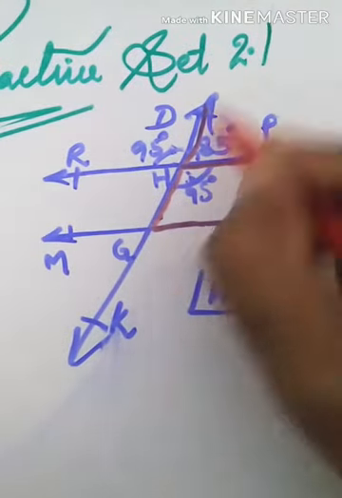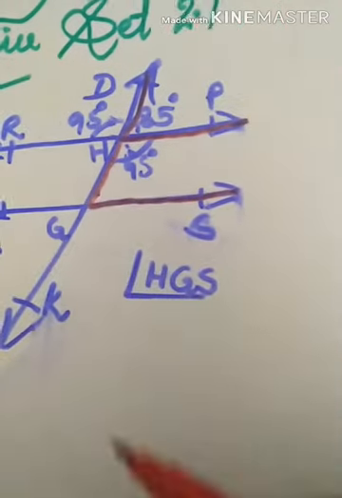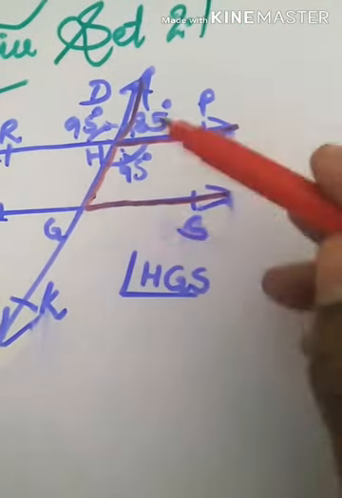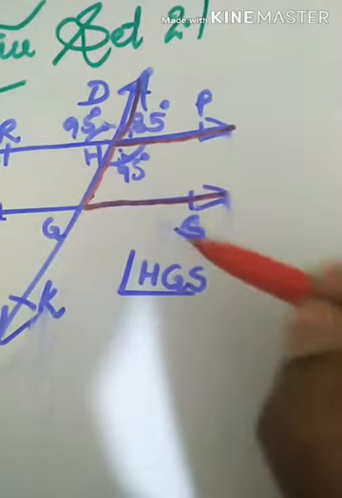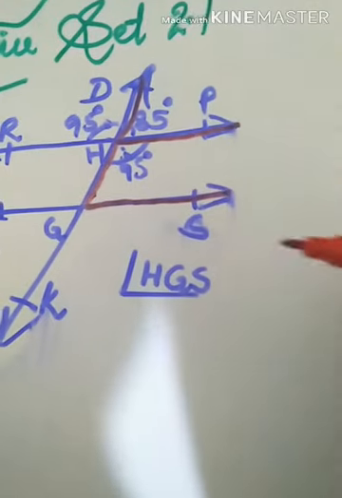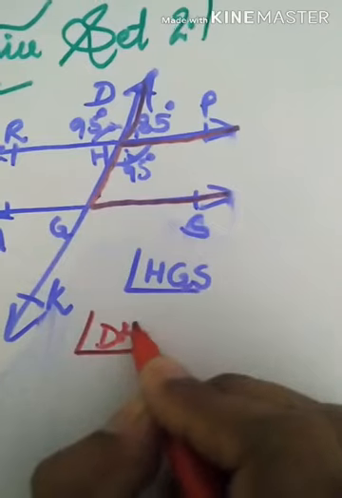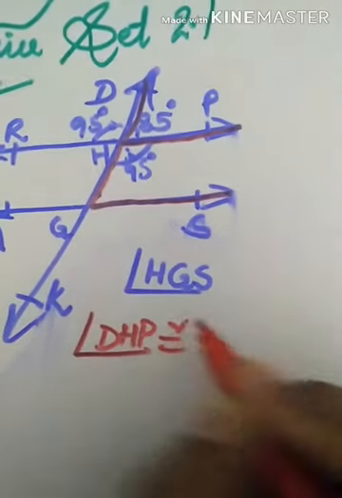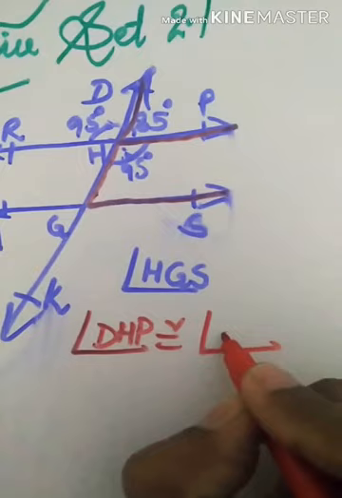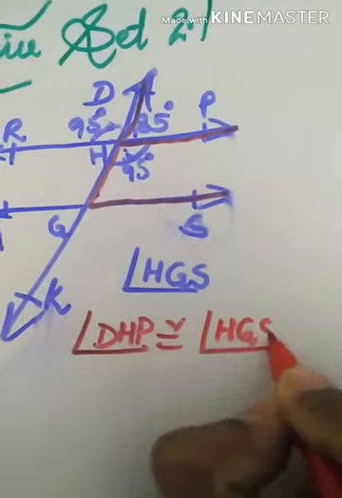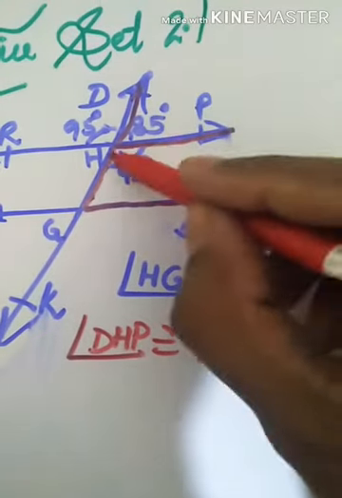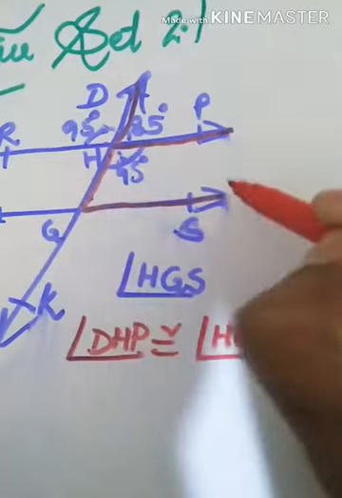They both make corresponding angles, and we know that corresponding angles are congruent if the lines are parallel. So you can directly write it as angle DHP congruent to angle HGS.